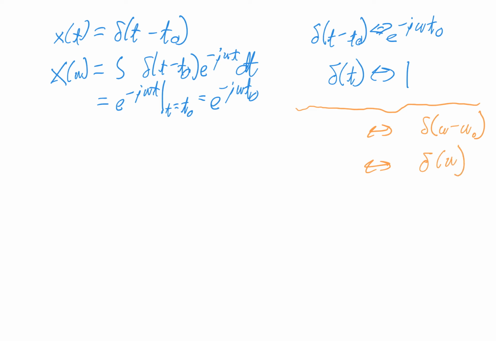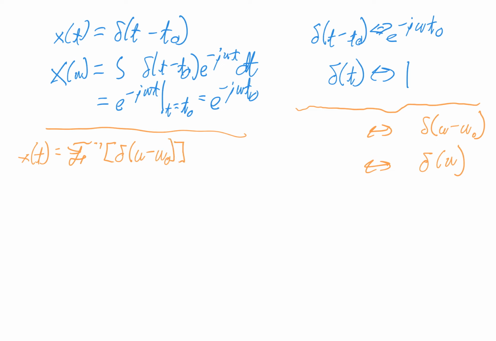So let's figure out what x of t goes on the left side of these arrows. So we now apply the inverse Fourier transform equation, which says I can get the signal x of t back from its Fourier transform. We show that sometimes with the symbol script F with an exponent of -1 to indicate an inverse Fourier transform, and we apply that here to an impulse of the frequency variable.